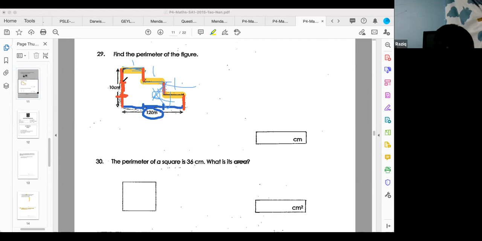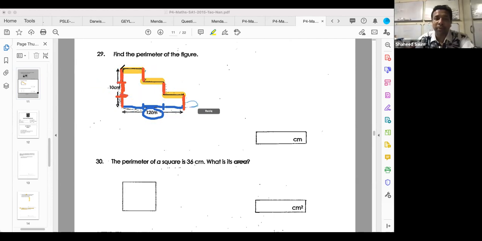Is this 2? You do not know whether it's 2, but the red parts all together become 10. You don't need to worry if it's 2 or 3. This one might be longer than this. Doesn't matter. This plus this plus this is 10. Yellow plus yellow plus yellow is 12. Finish. You need to know just the perimeter. 10 plus 12 plus 10 plus 12.